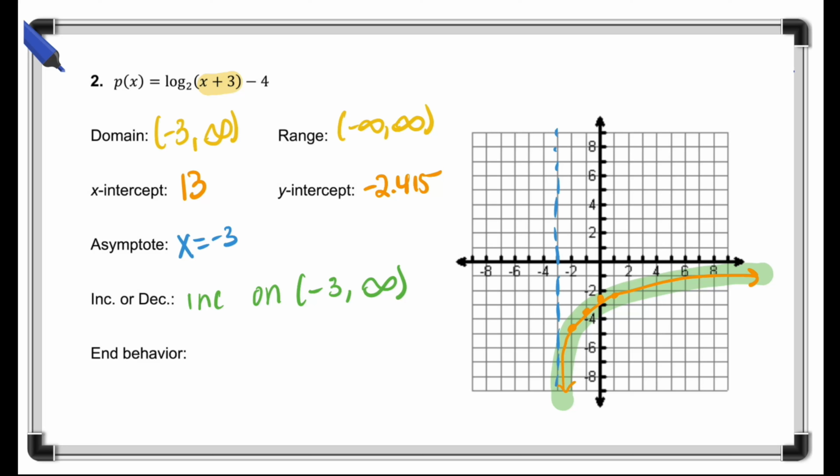Then we're also going to look at end behavior. When we look at end behavior, we're looking at what our function is doing as x approaches some number. As x approaches negative 3, because that's where we stop at our asymptote, and then we put this little plus sign. That plus sign means that x approaches negative 3 from the right side. So as x approaches negative 3 from the right side, what is my function doing?